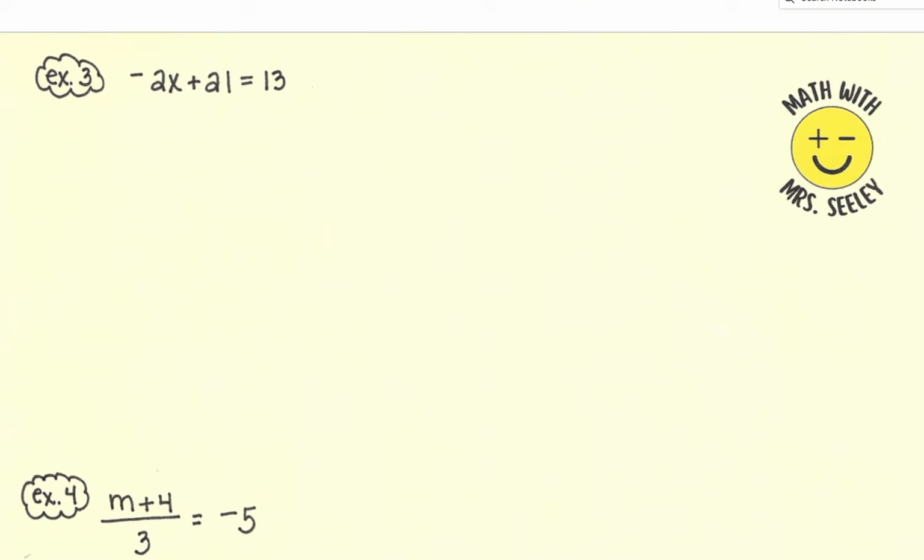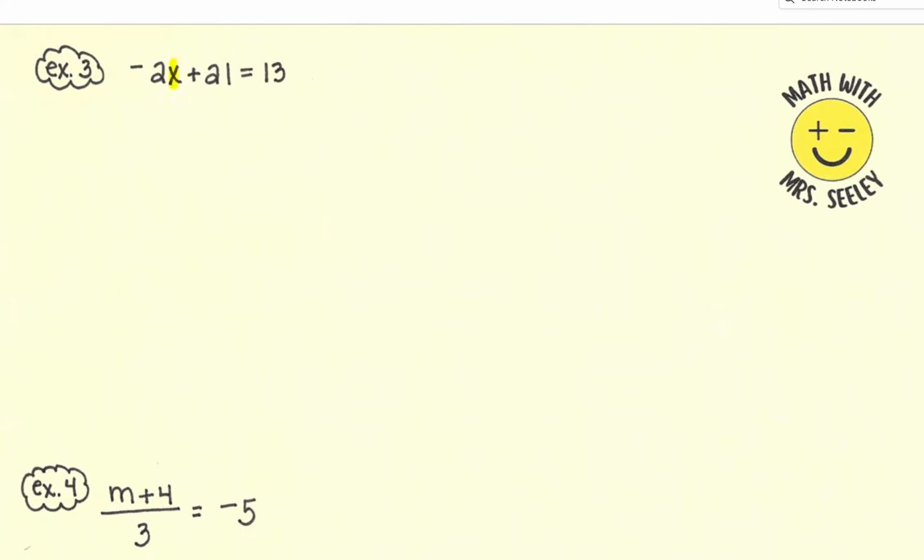All right, example 3. We're solving for the variable. This is the one I'm going to do first. If I'm attached to the variable, I'll do that second. So I see this is a positive 21, so I'm going to subtract 21 from both sides.